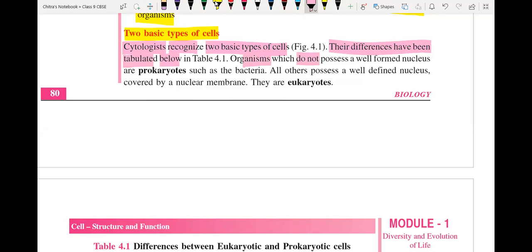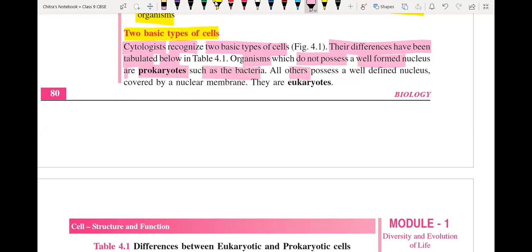Organisms which do not possess a well-formed nucleus are called prokaryotes. It means no definite nucleus is present, like we have discussed in the bacterial cell, such as bacteria.